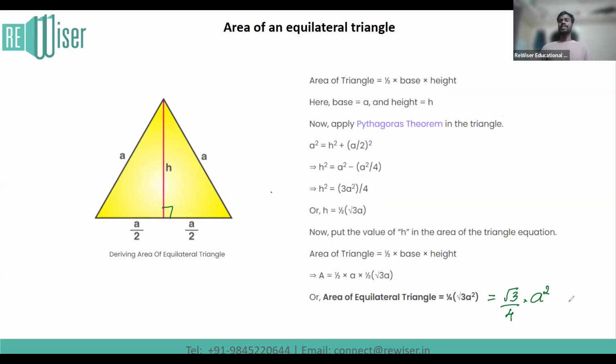If they just give us the side of an equilateral triangle and I need to find the area, I can always use this formula. Just make a note on this. The derivation will show how they got this, but for now, you can just make a note: the area of an equilateral triangle is root 3 by 4 times a squared, where a is the side. Have you made a note?